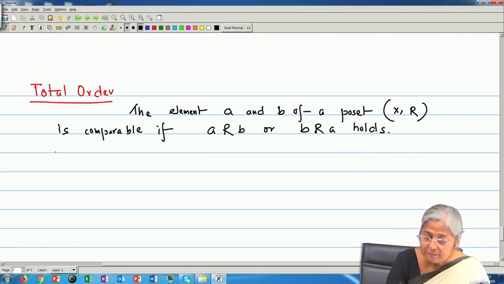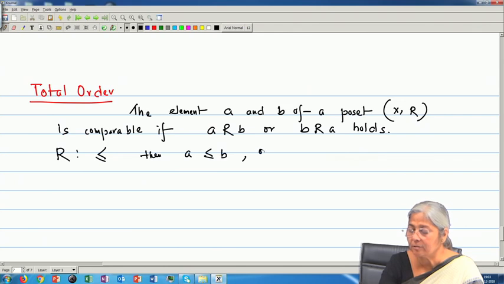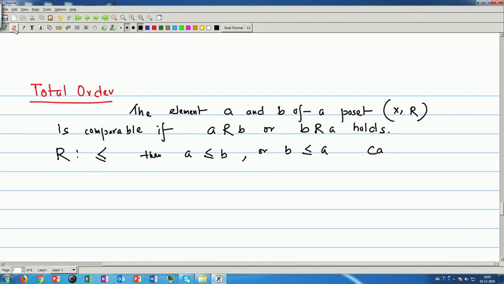That means, if I consider the relation R as less than equal to, then either A less than equal to B or B less than equal to A holds, then it is comparable.